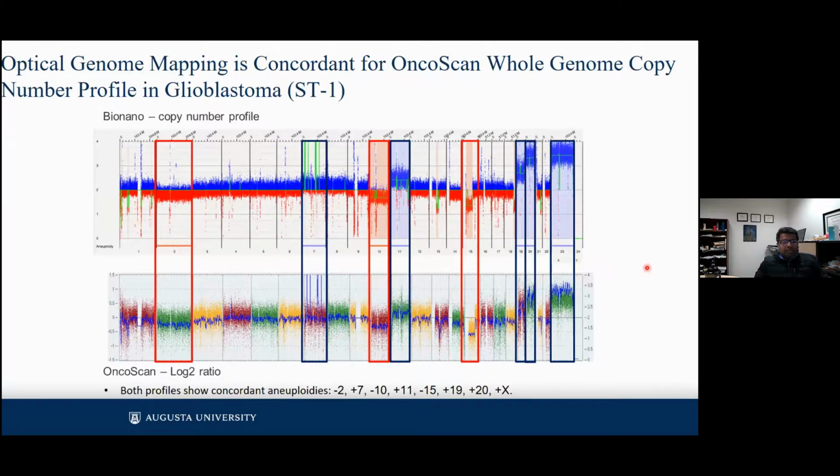Moving on to the next case, again, this is an adult brain tumor, a 58-year-old female. Here it shows the comparison between OGM and SNP, OGM on the top, SNP on the bottom.